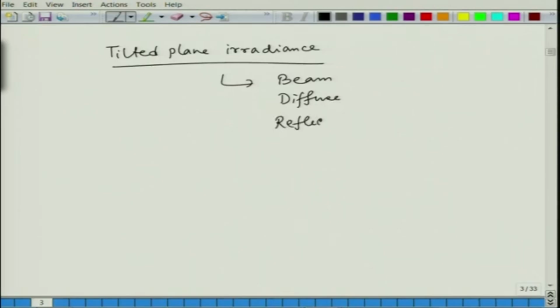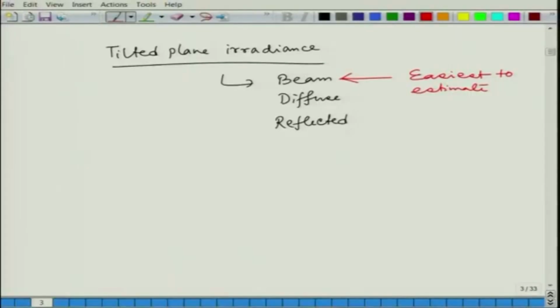There will be three portions of the total irradiance, and the beam one is the easiest to estimate, because we have some tools to find out the exact direction of the beam radiation, that we have seen in earlier lectures, that is, how to find these important angles whenever you are given a particular location, a particular time or day, then you can find what would be the exact angle of the beam radiation, okay.